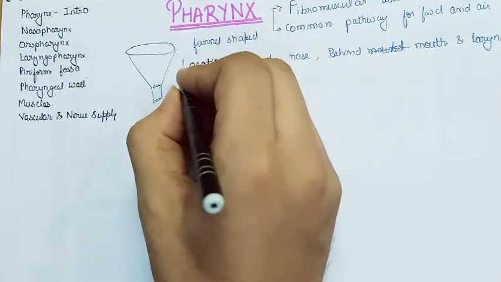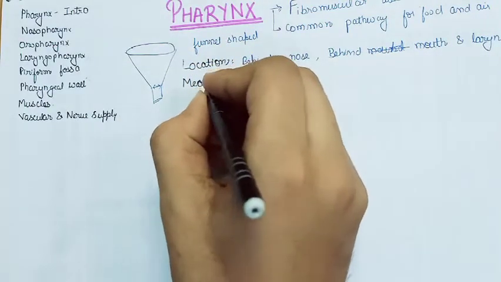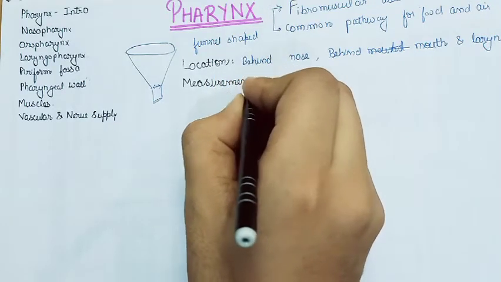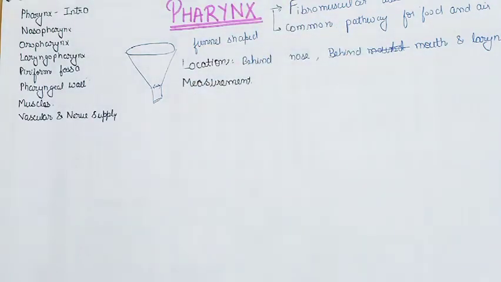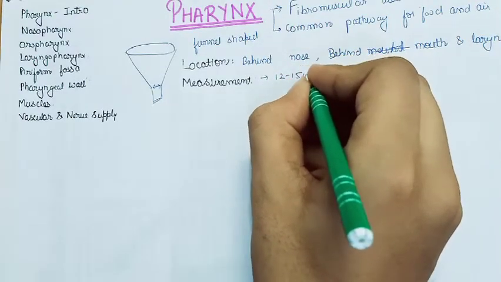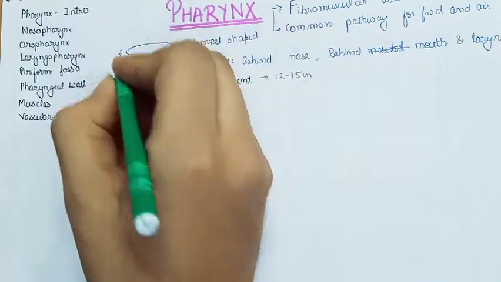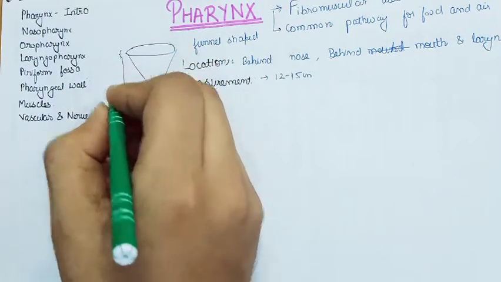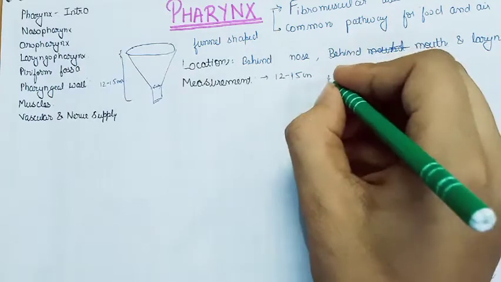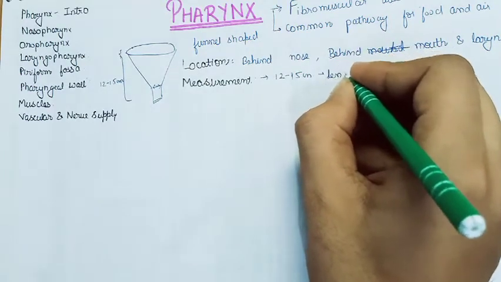Now let us discuss the measurements, the actual dimensions of the pharynx. The length of the pharynx is about 12 to 15 centimeters, from its beginning till the end.